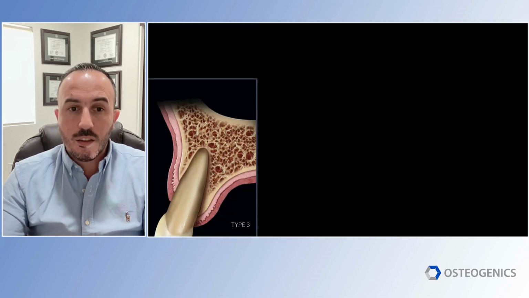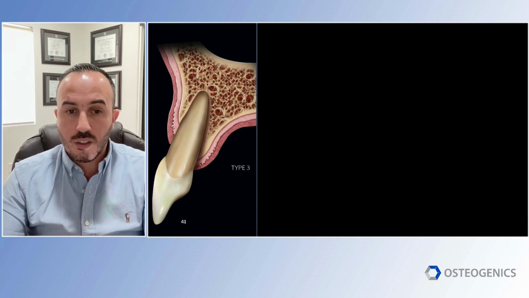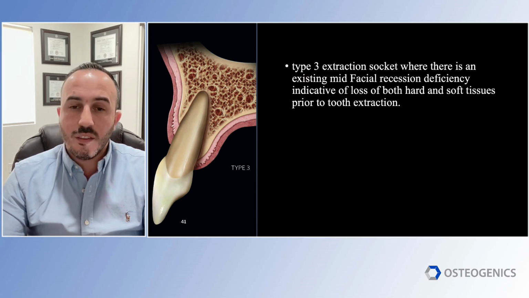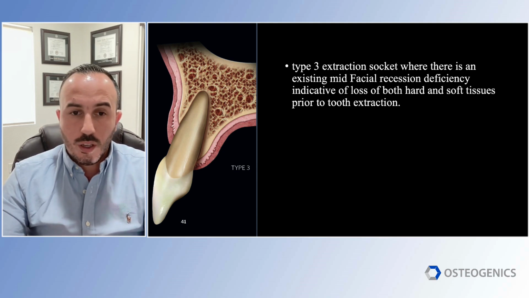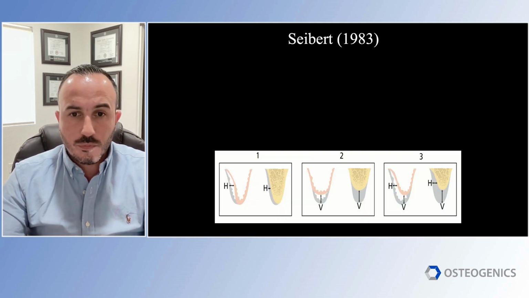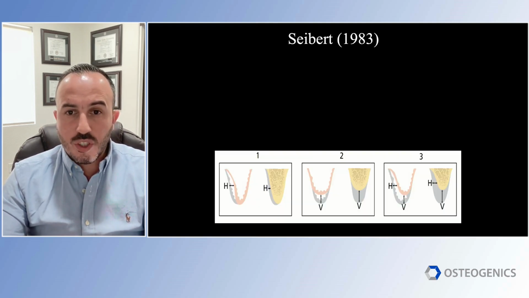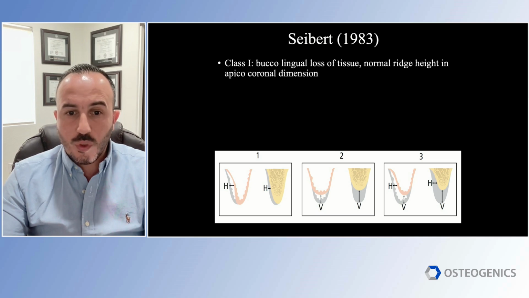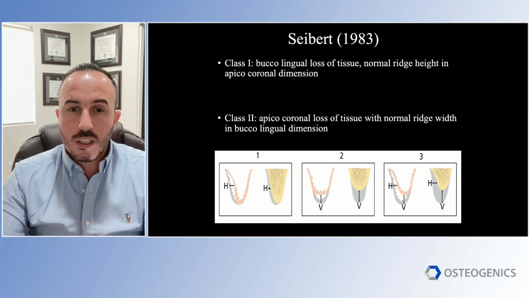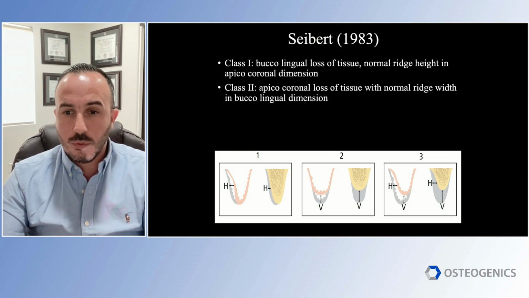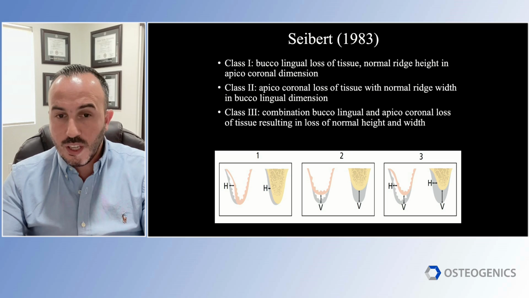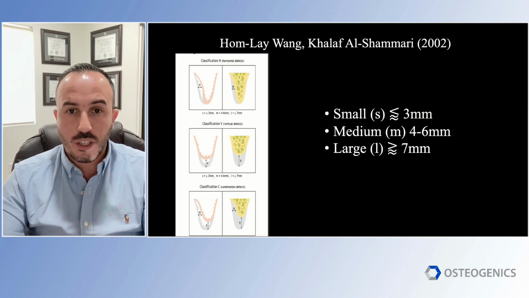Type 3 is a combination of hard and soft tissue deficiency, and this is the most challenging one to tackle. When we get to ridges, in the Seibert classification, we have class 1 if it's a horizontal problem, class 2 if it's a vertical problem, class 3 if it's a combination of horizontal and vertical, and that's also the most challenging to treat.